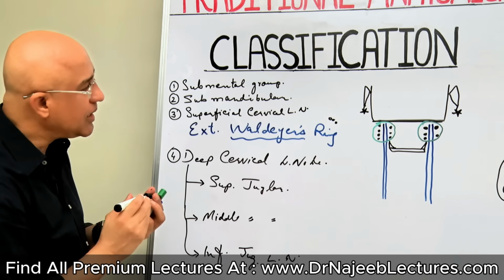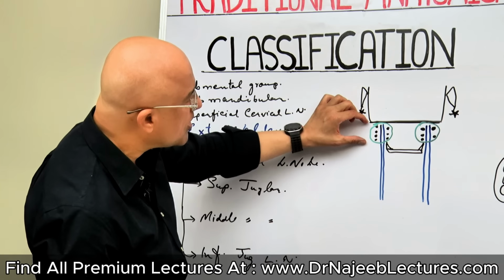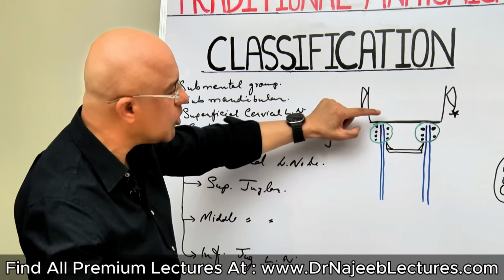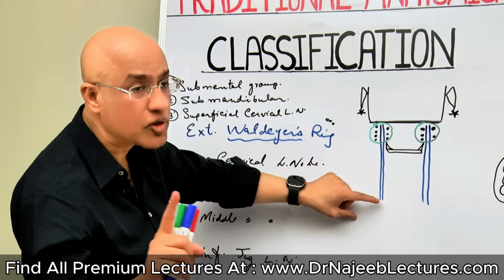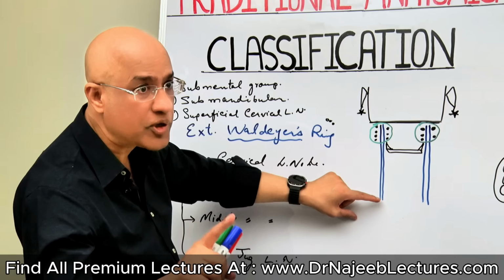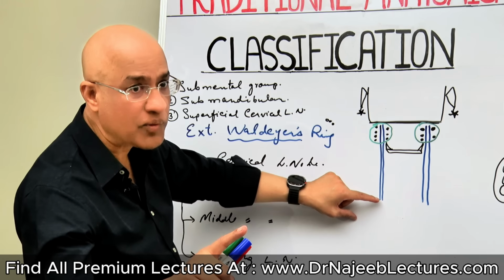Now, what I really want to explain here, come back to this diagram. First of all, jugular lymph nodes are along the internal jugular vein. Don't confuse it with the external jugular vein or anterior jugular vein, because external or anterior jugular veins have superficial cervical lymph nodes.